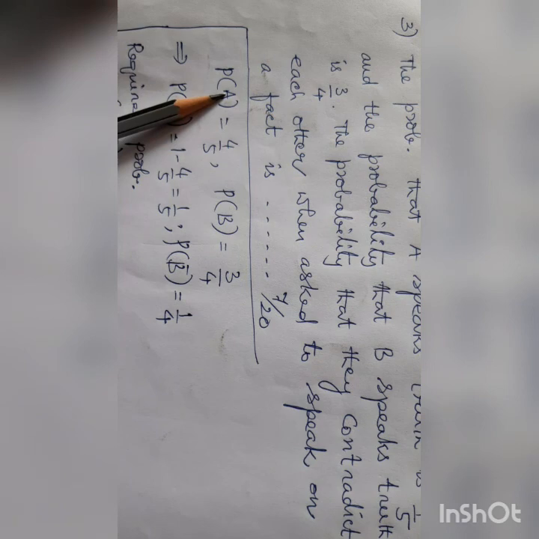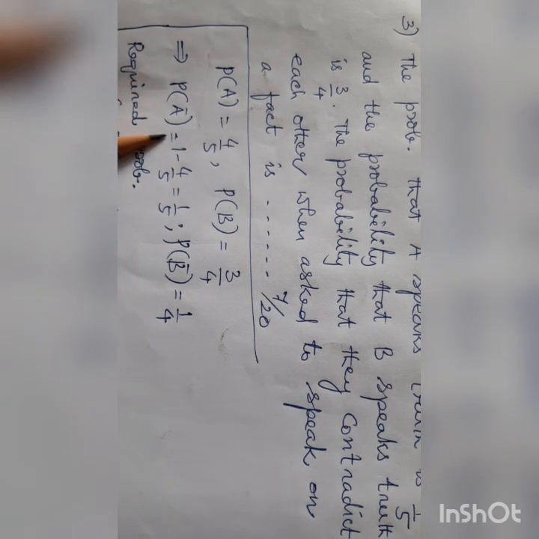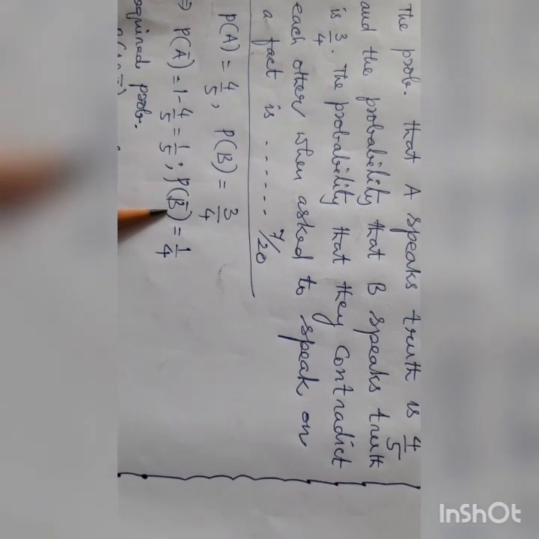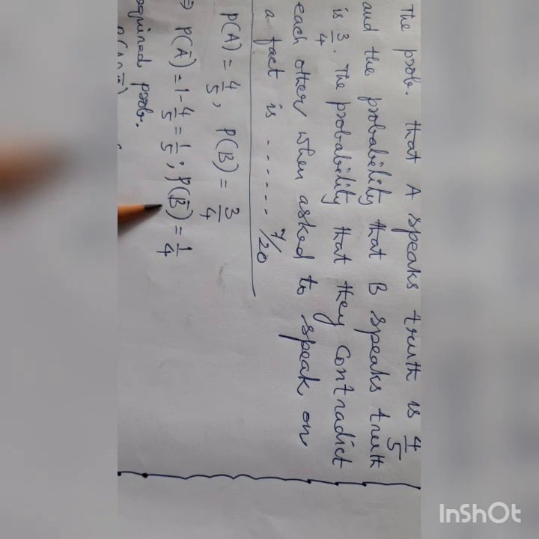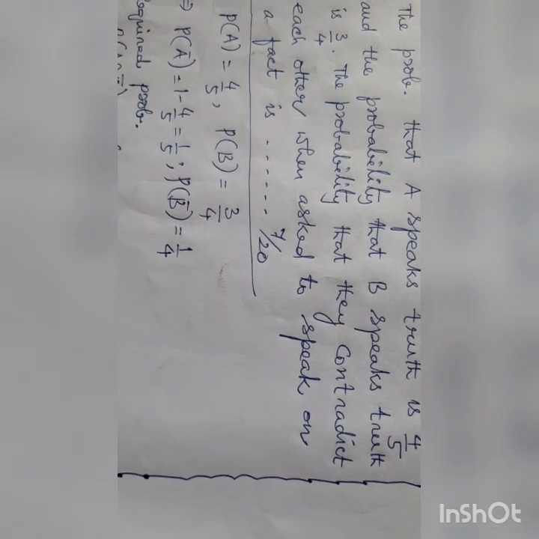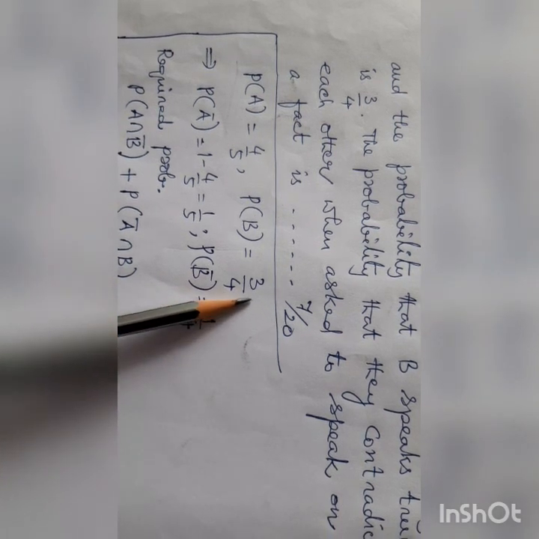A speaks lie, P of A bar, 1 minus 4 by 5, 1 by 5. P of B bar, B lies, 1 minus 3 by 4, 1 by 4. So truth probability and lie probability of A, truth probability and lie probability of B, I have written.